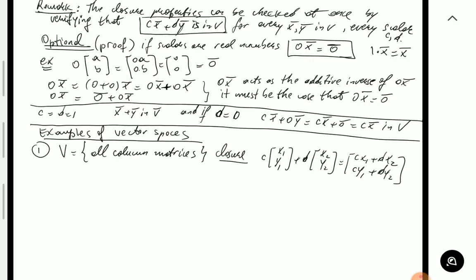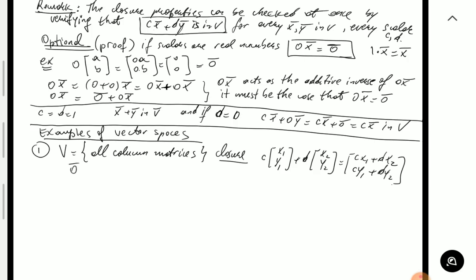What you end up with is another column matrix. Pick two column matrices, pick two scalars, and under the usual matrix operations you end up with a column matrix, so you're done with the closure properties. You'll quickly realize that for all the other properties in that list, we don't have to do much work to check that they are correct, because they are inherited from the already known properties of matrix operations.